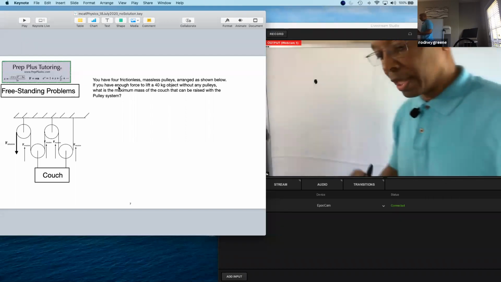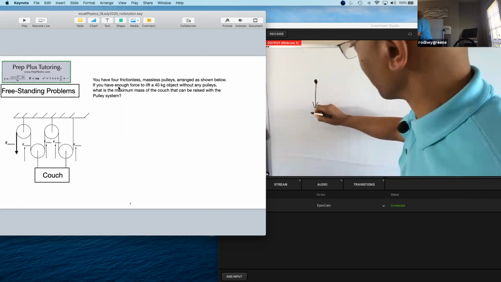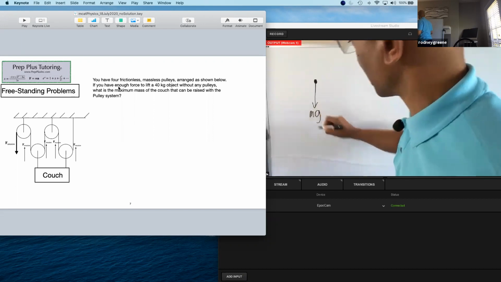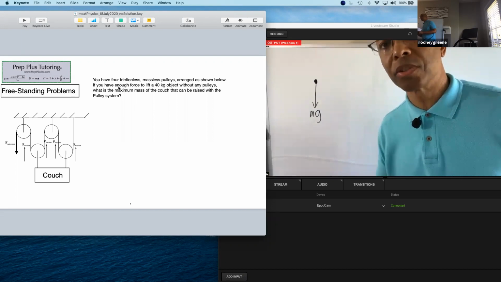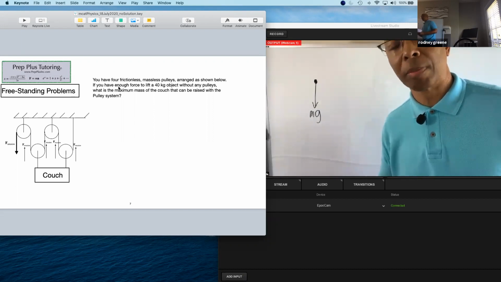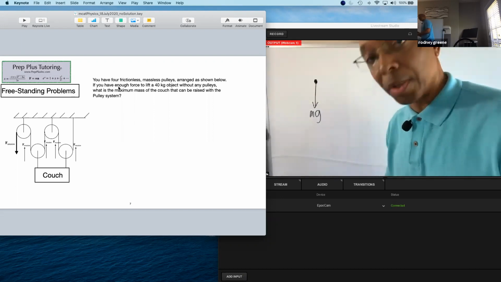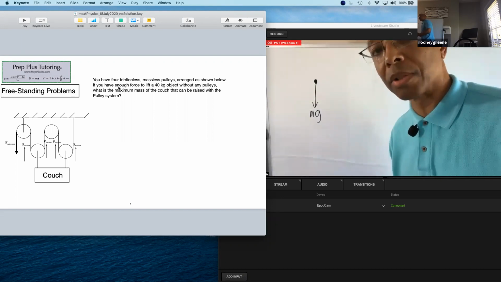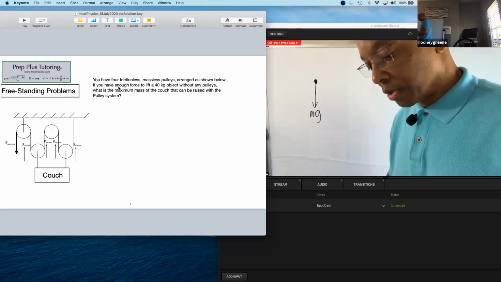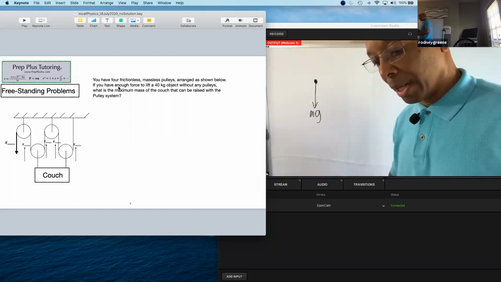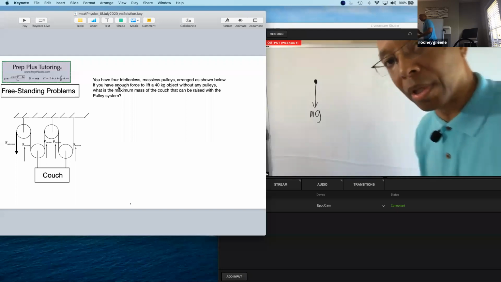So the couch, of course, has a force down due to gravity: the mass of the couch times the acceleration due to gravity of Earth. They haven't said otherwise, so we assume this is on Earth. And something is pulling up on the couch, and it is the force due to tension. We have 1, 2, 3, 4 ropes that can apply tension up on this couch.